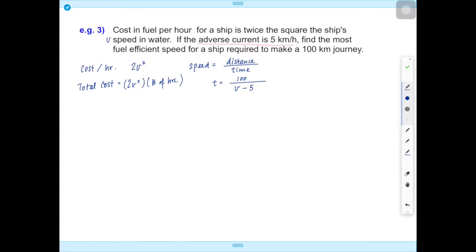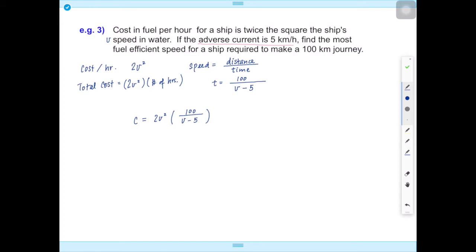Does that make sense? So it looks like we can now say that the cost function looks like 2v squared times 100 over v minus 5.